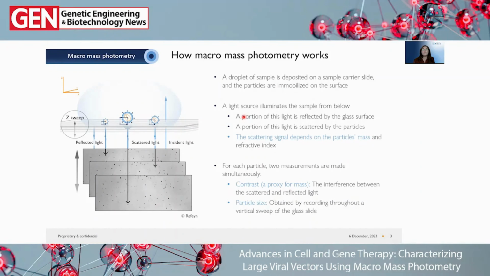So this is basically an optical measurement that happens at the glass-liquid interface. We have a glass slide on top of which we deposit a droplet of liquid containing the viral vector samples. And what we do is send a light source from the bottom. Once the sample is illuminated, part of this light is scattered back by single particles, and part of this light is reflected by the glass surface.